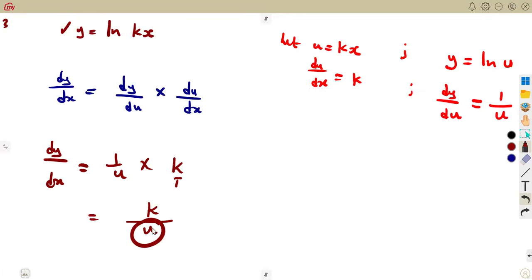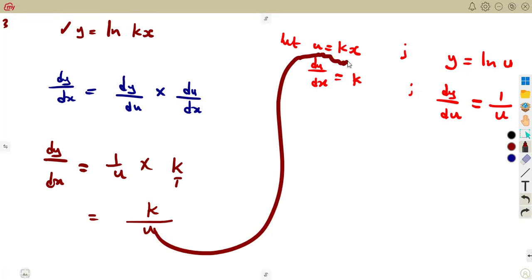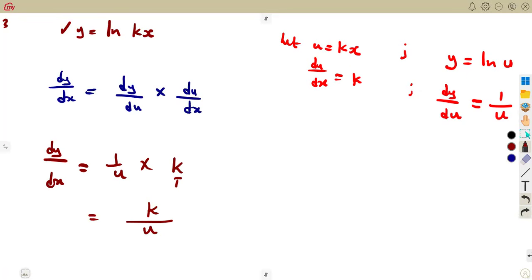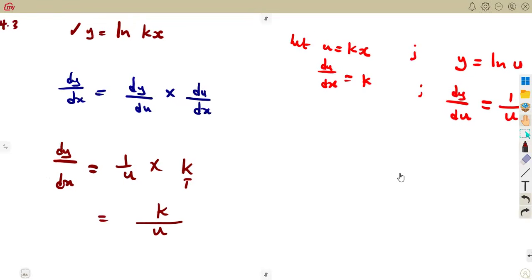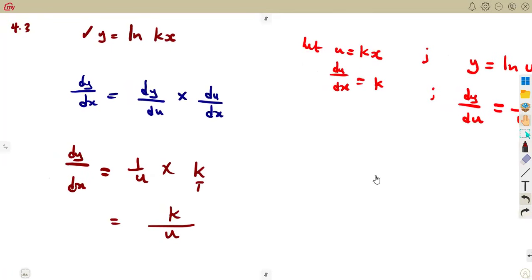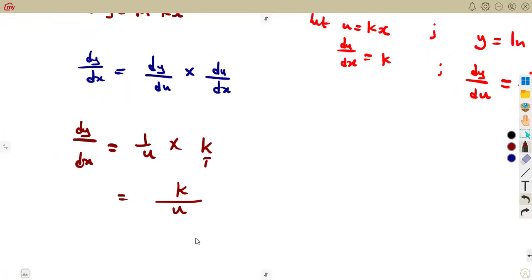U is something that we introduced. Let u be this. So we are going to take that back now. What represents the u? We said let it be kx. So in place of that, substitute. That will be k over u, which is k over kx.